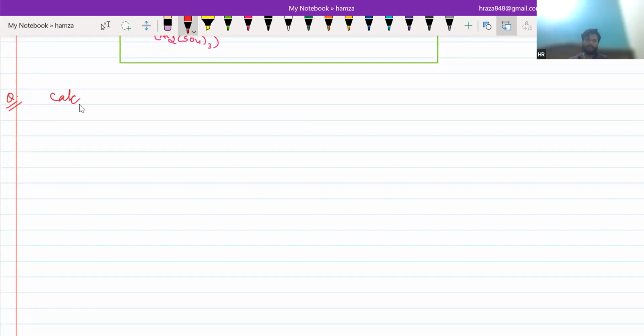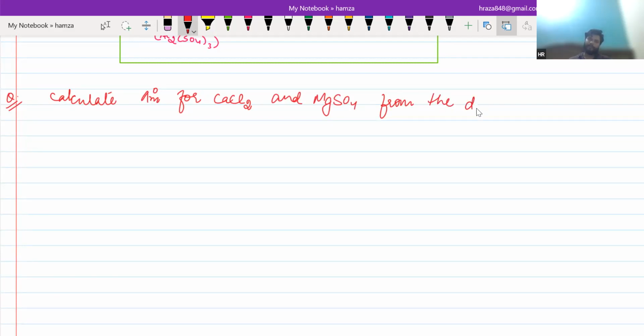Calculate lambda naught m for CaCl2 and MgSO4 from the data given below.